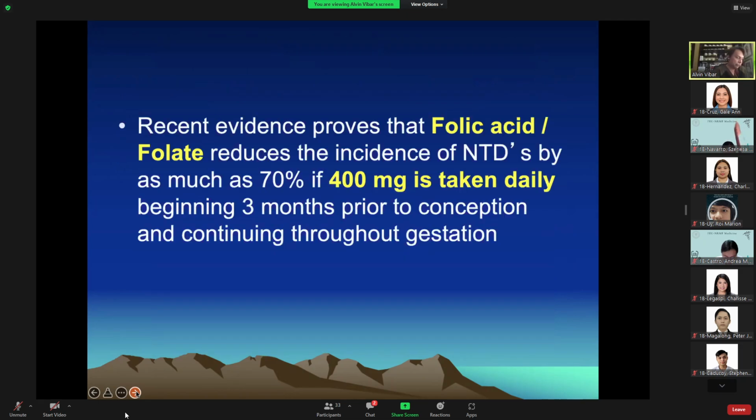Recent evidence proves that folic acid or folate reduces the incidence of neural tube defects by as much as 70% if a dose of 400 micrograms is taken daily, beginning 3 months prior to conception and continuing throughout gestation.